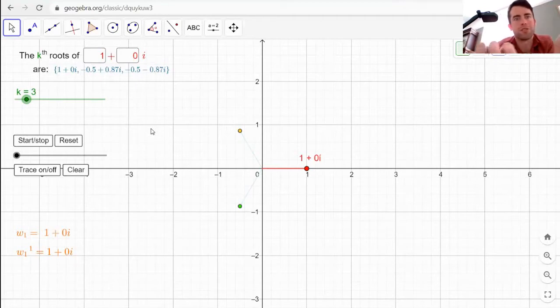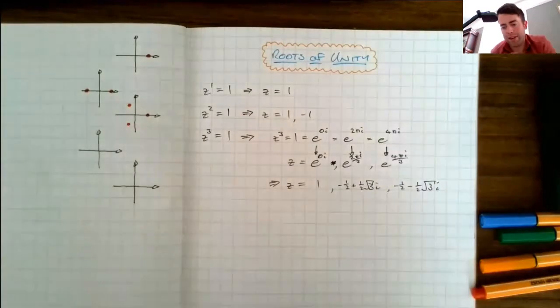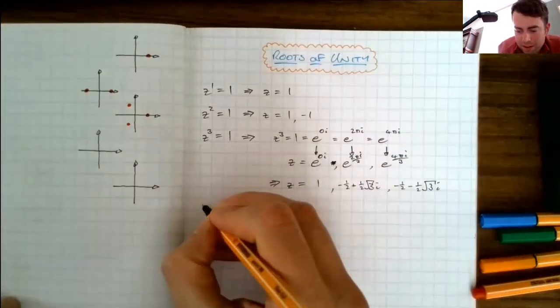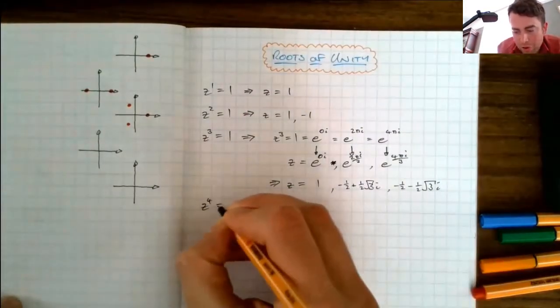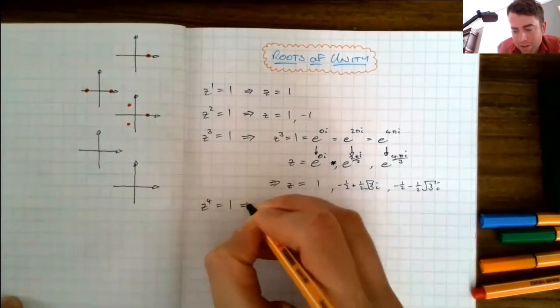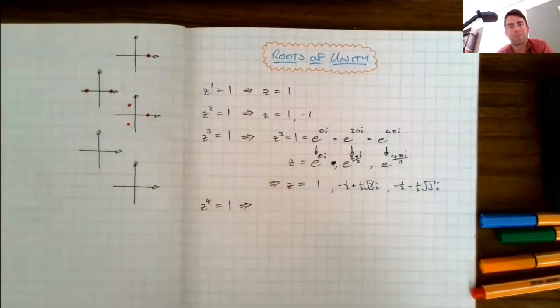Okay, what about the fourth roots of 1? Let's carry on going. If we have z to the 4 is 1, what are the roots going to be?